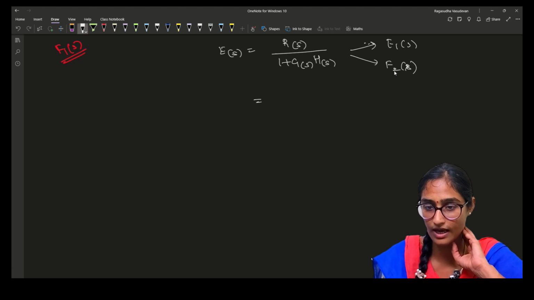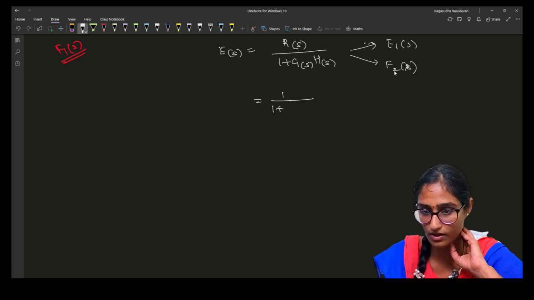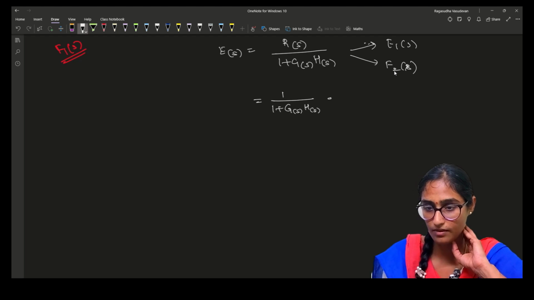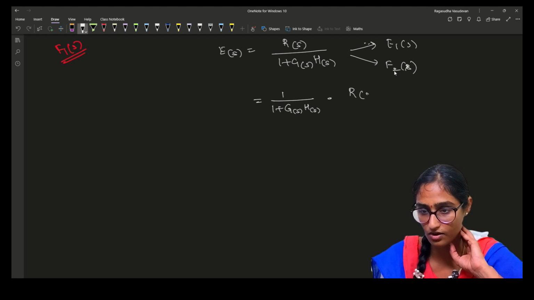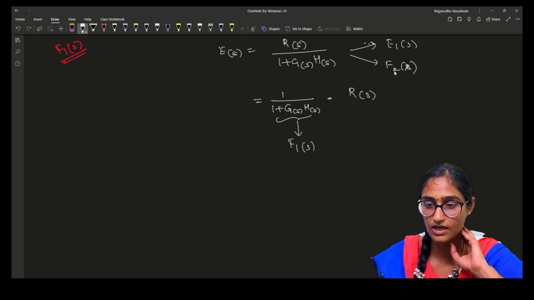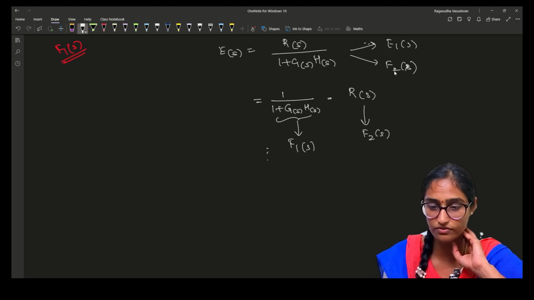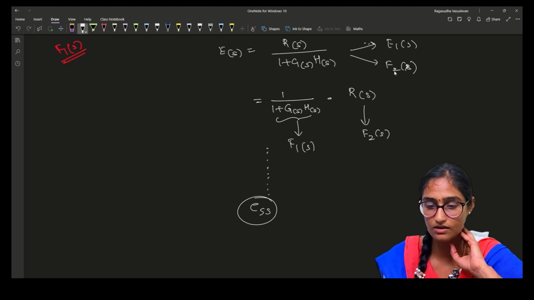Okay, so this is split into 1 divided by 1 plus G of s into H of s, multiplied by R of s, which is the input. The first term is called f1 of s and the second is f2 of s. If we derive, we will get the steady state error which we discussed here.